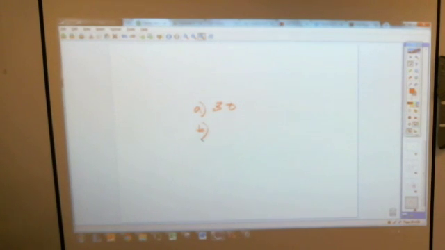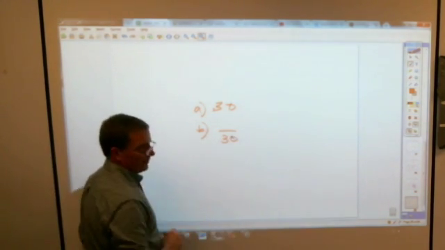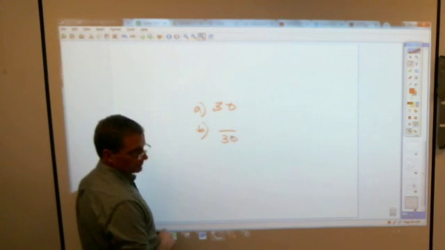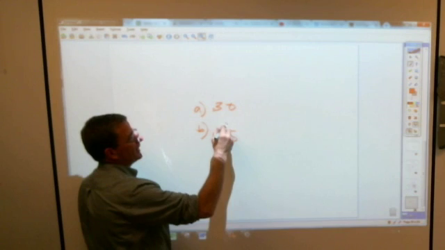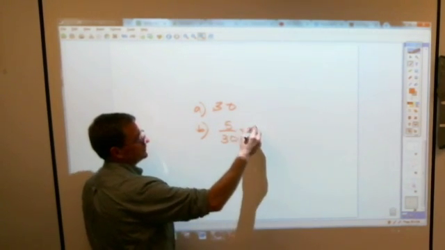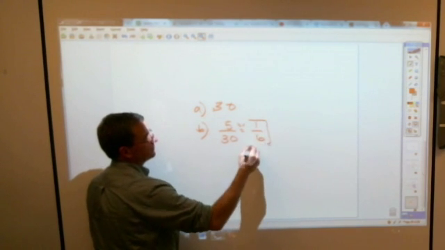Letter B says, what fraction of the students named softball? Well, they asked you why 30, because 30 will be the bottom number. How many out of the 30 like softball? Ephraim? 5 out of 30, so make sure you reduce that, which reduces down to, divide both by 5, 1/6.